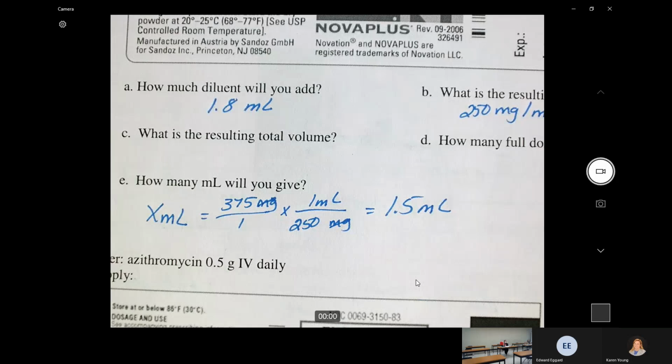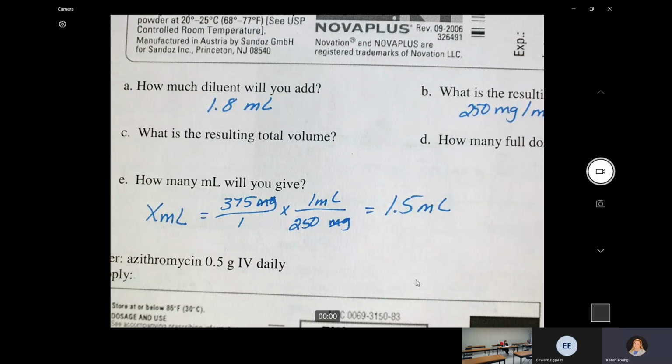So I'm adding 1.8 milliliters of diluent. That should tell me that I'm going to have enough fluid. There should be enough volume in the vial to give the medication, right?